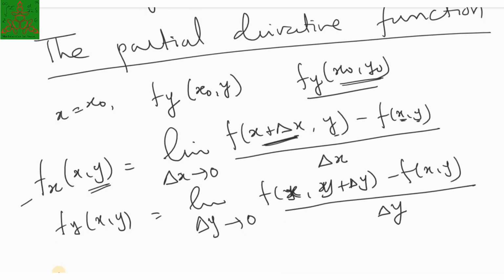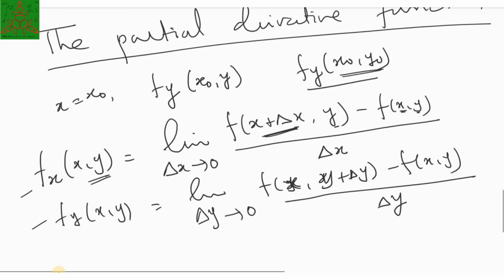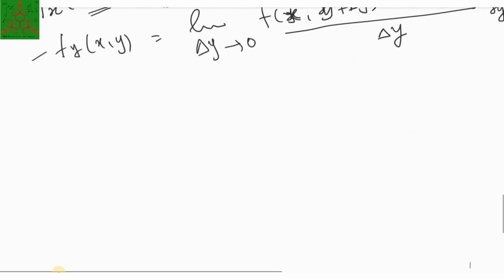So this is the notation for denoting the partial derivative. It is also denoted by del f upon del x, and this will be denoted by del f upon del y. These are the notations for the partial derivative of the function. For example, let us take the same example. We'll calculate f of x, y.